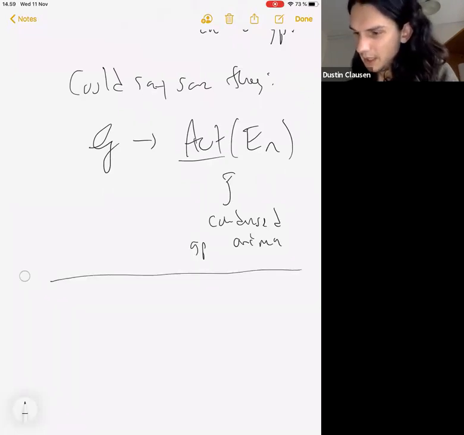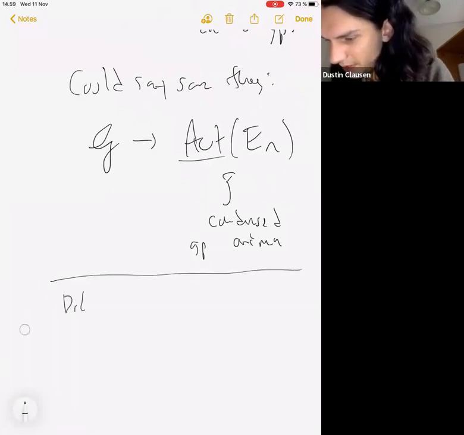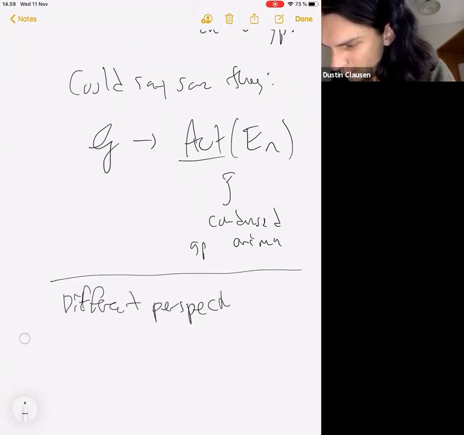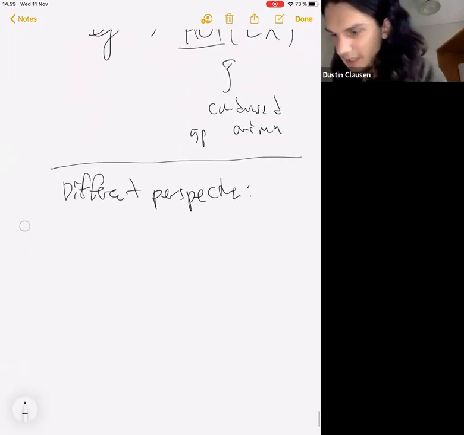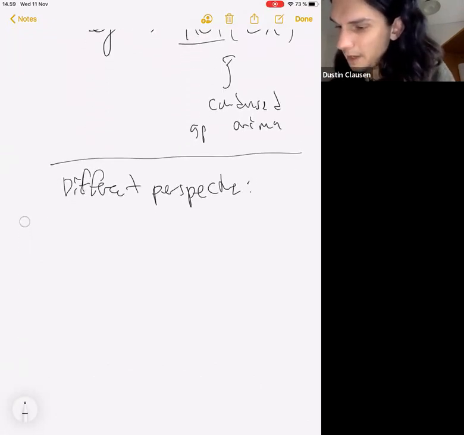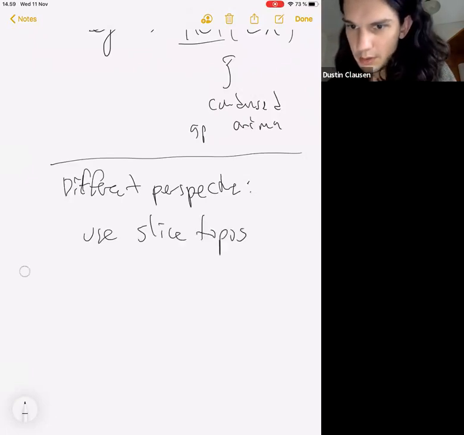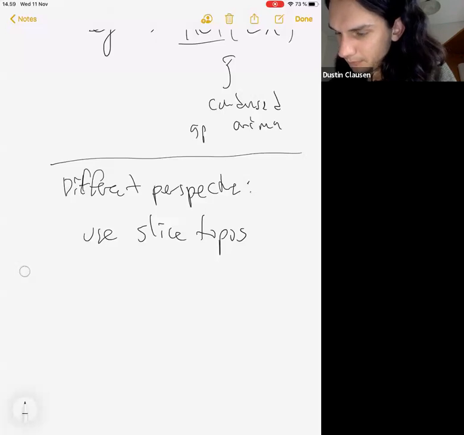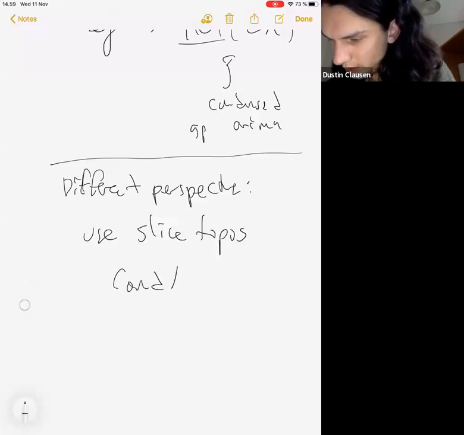But a different perspective is, use the slice topos. Slice infinity topos if you want over BG.